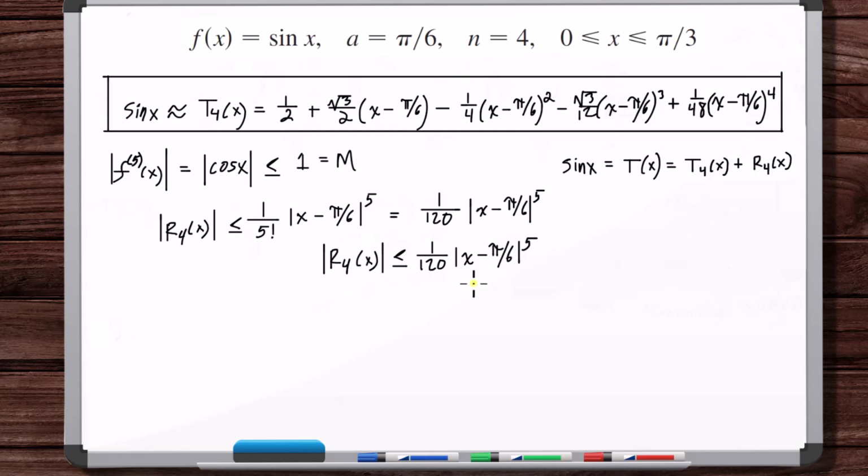So this is going to be pi over 6. Is that right? Let me make sure I'm not going crazy here. So pi over 6 plus pi over 6 is 2 pi over 6. That's pi over 3. Yeah. Okay.